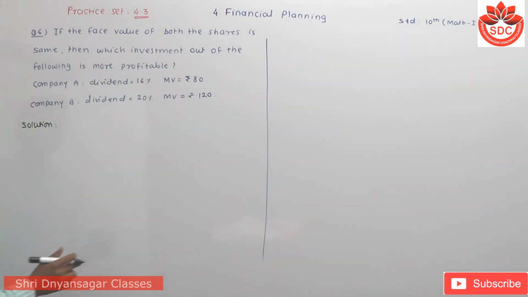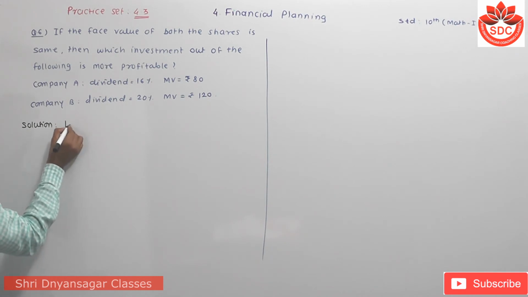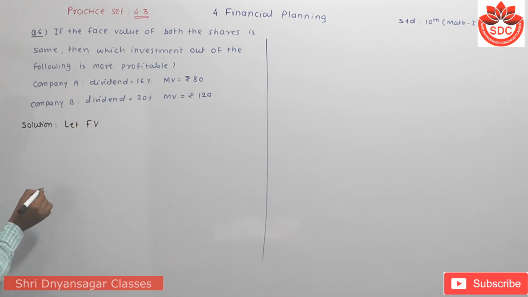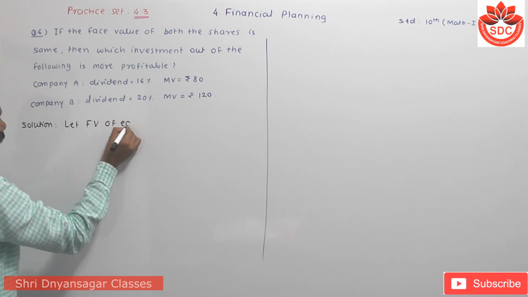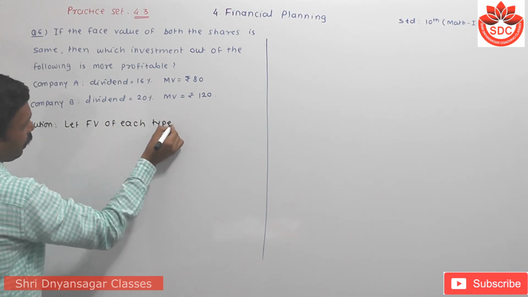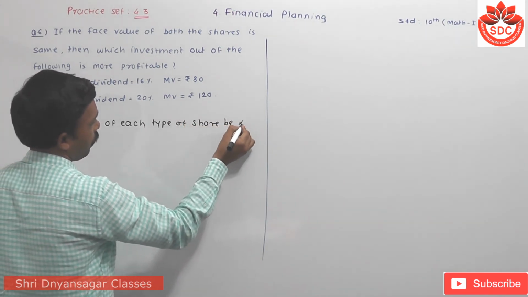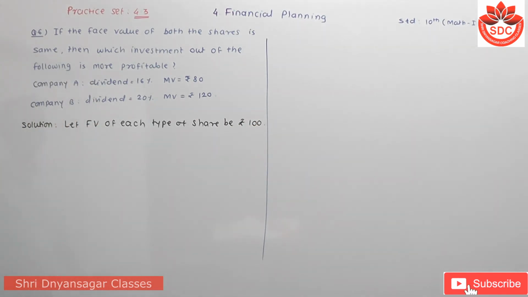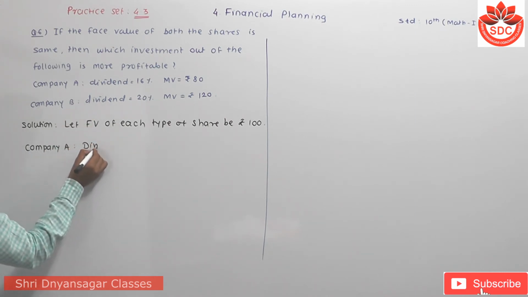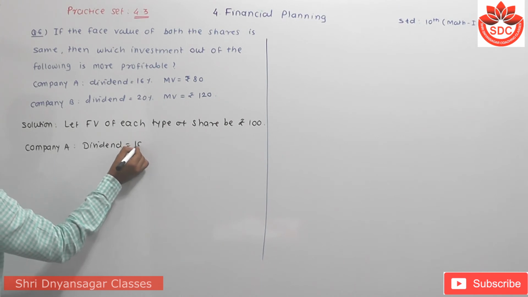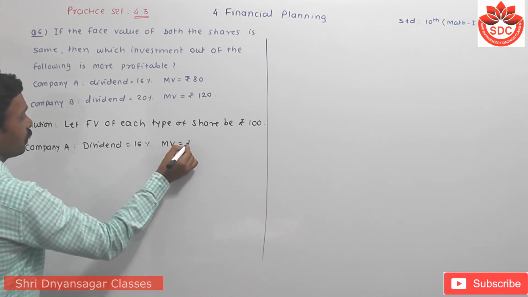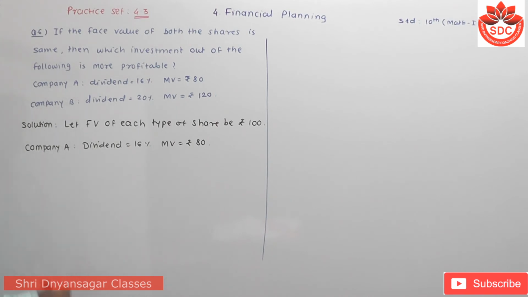Okay, here the face value of both the shares is the same, so I will write: let face value of each type of share be rupees 100. Then for company A, look here, dividend is 60% and market value is equal to rupees 80.